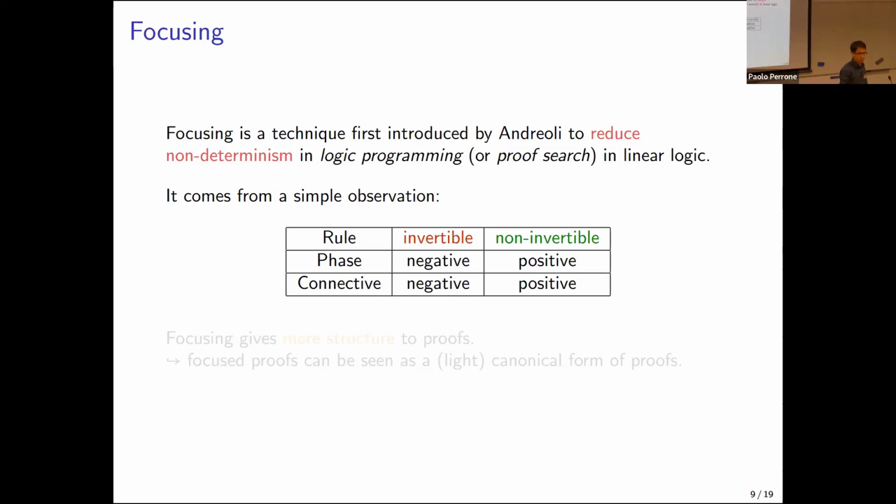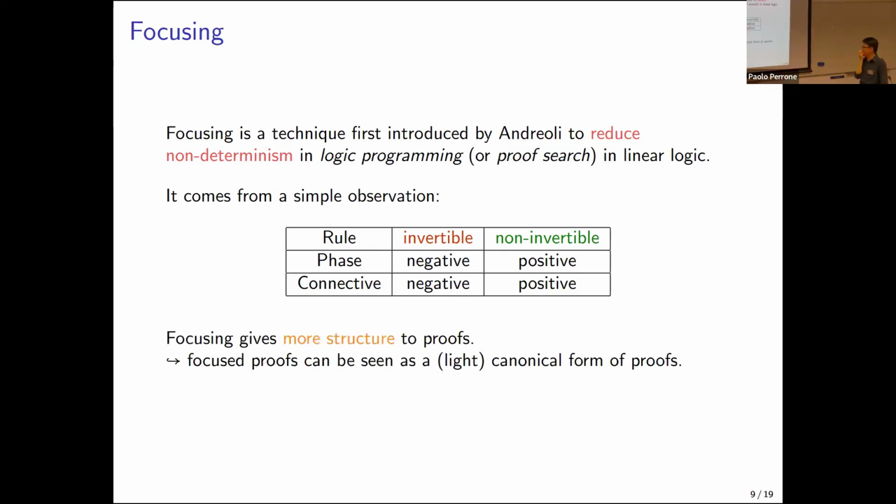The idea of focusing is to organize all these rules into two different phases. If you try to apply invertible rules whenever you can, and then at some point switch to non-invertible rules, then the proofs that you get will have a two-phase structure: a negative phase followed by a positive phase, followed by a negative phase and a positive phase, and so on. Some people say focusing is just about proof search and there's nothing special, but focusing actually gives more structure to proofs.